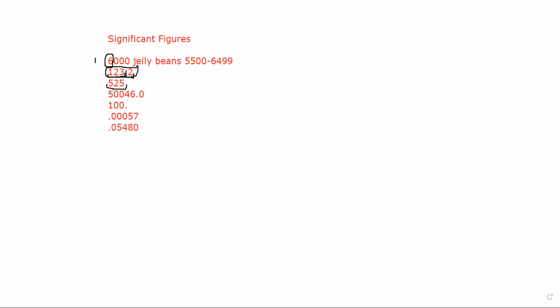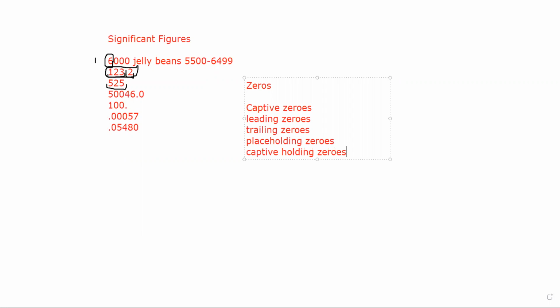Now that we get into zeros, this is where it starts to get fun. So with zeros, there's a couple different things. We have what are called captive zeros. We have leading zeros, trailing zeros, and placeholding zeros.